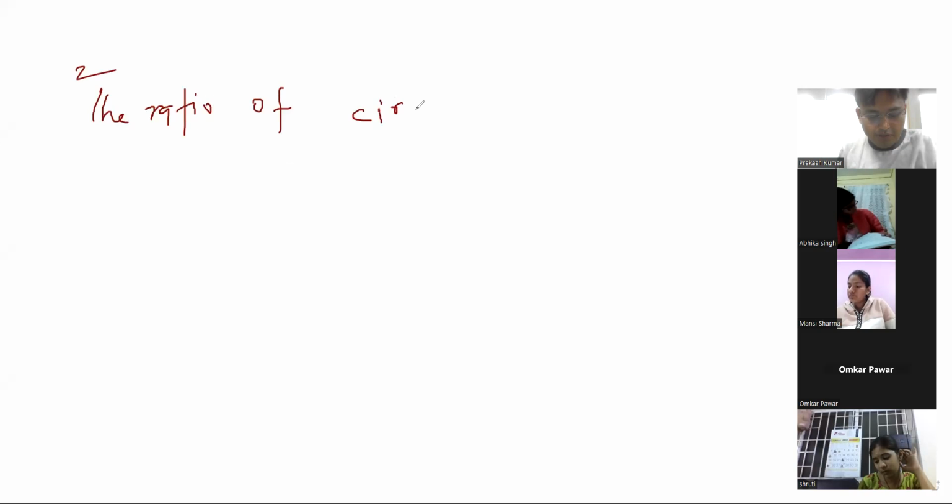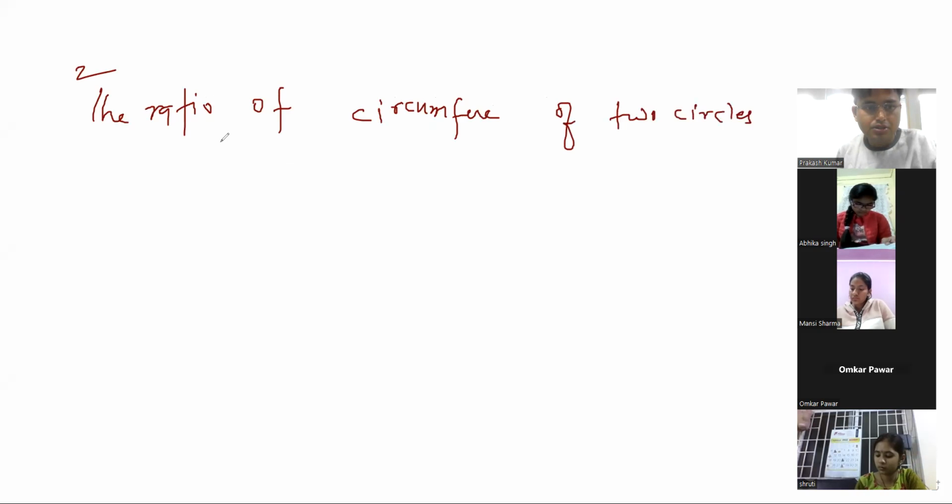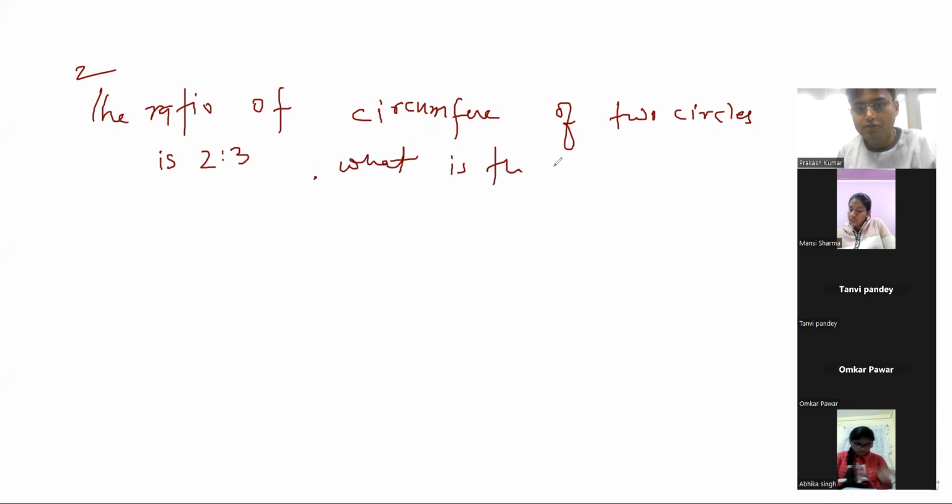The ratio of circumference of two circles is 2:3. What is the ratio of their areas? Anyone can come in front and let others also know.